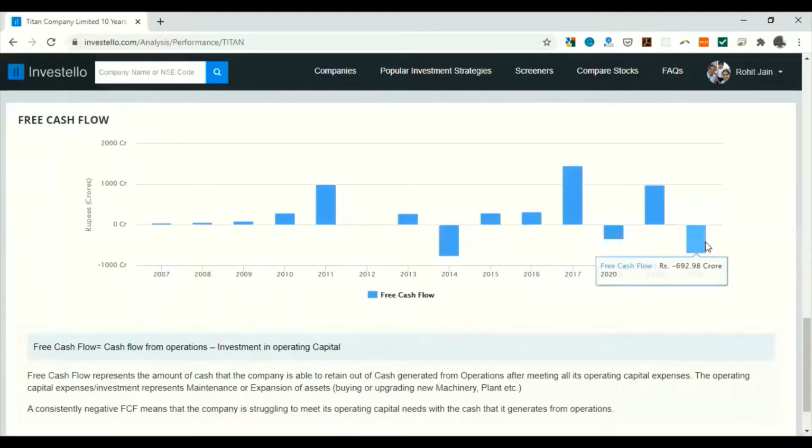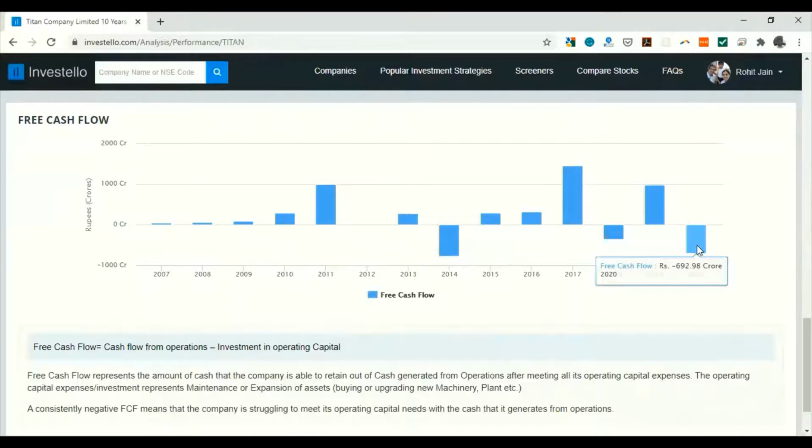A negative free cash flow is not necessarily a bad thing if the company is actually investing for future growth. Like we have seen in case of Titan, it has taken up debt as well. So maybe they are investing a lot for the future, or maybe it may be the case that their present operating cash flow is not enough to meet the capital needs.